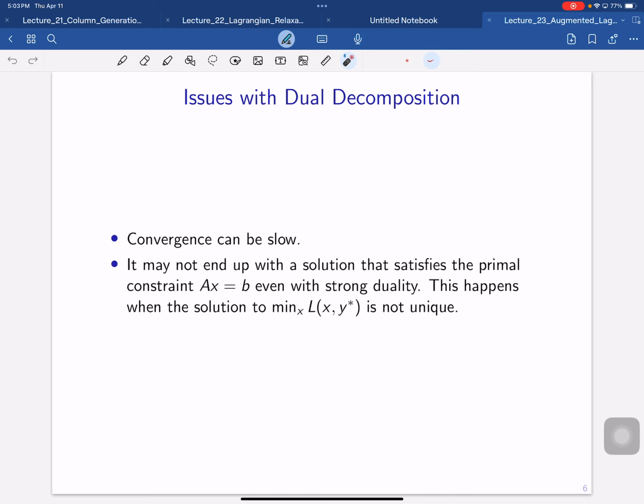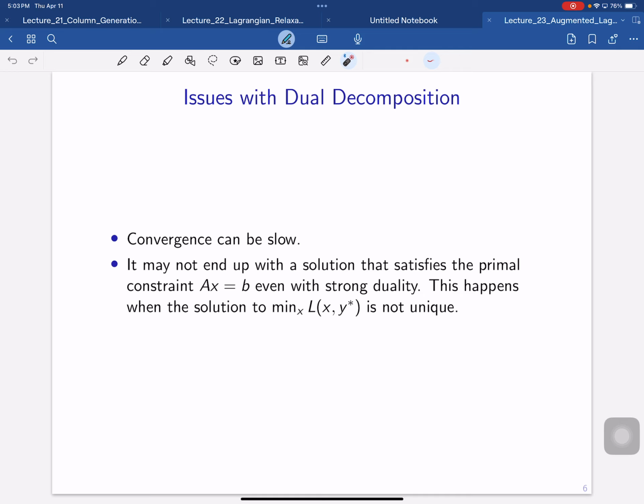So what are the issues with dual decomposition or Lagrangian decomposition? The issue is that the convergence can be quite slow. And the other thing is that with dual decomposition, you may not end up with a primal feasible solution, even if the problem is convex.